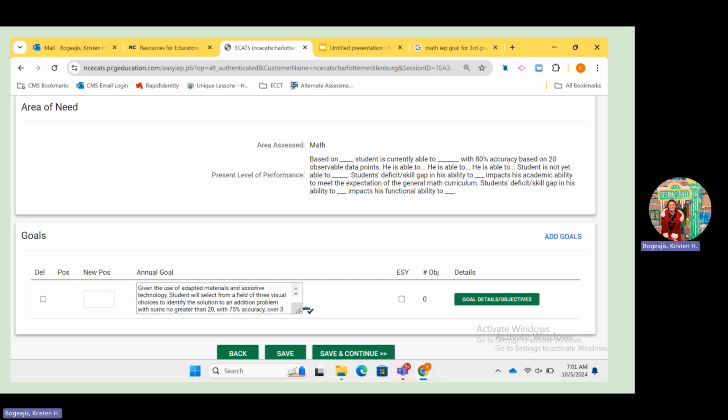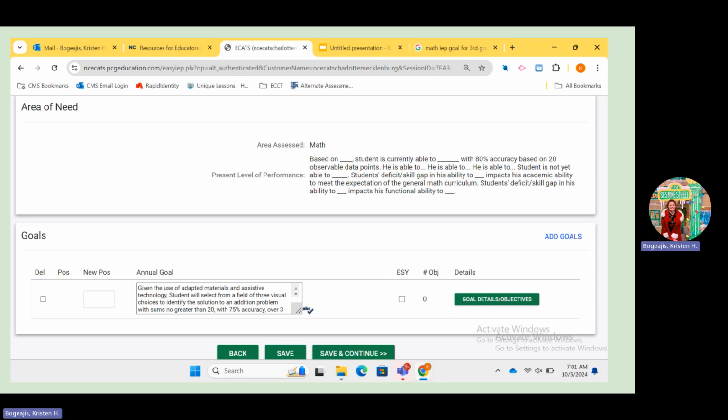After you do the "able to" statements, you're going to want to put a "not yet able to" statement. Sometimes it's called a deficit statement. That's just going to be what they can't currently do. You want to make sure that you only have the amount of "cannot do" statements that you're willing to write goals for.